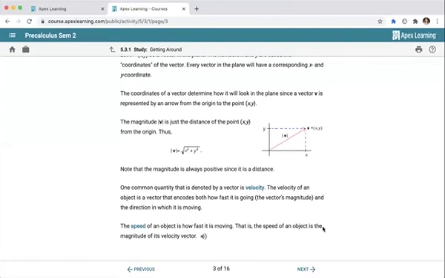Okay, but the difference between velocity and speed is that speed is how fast an object is going, all right, but velocity takes into effect how fast it's going and what direction it's moving in, okay? So speed is the magnitude of our velocity vector. Okay, because of course velocity takes into account how fast we're going and where we're going.